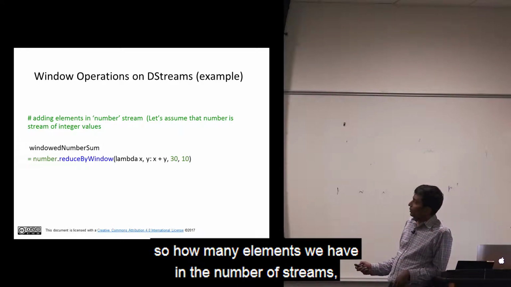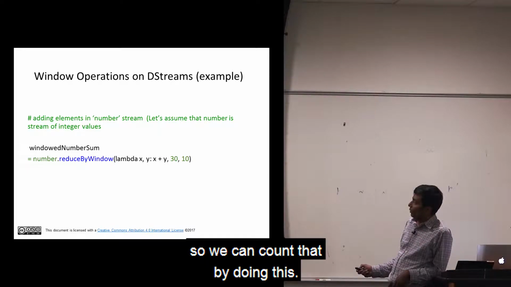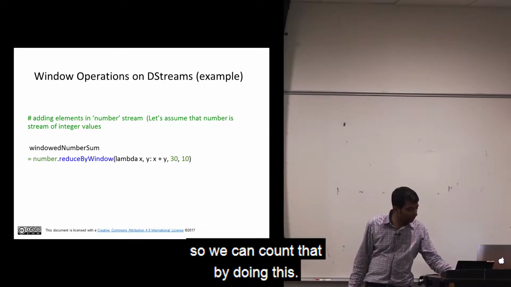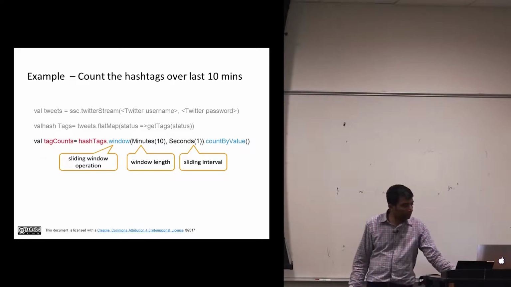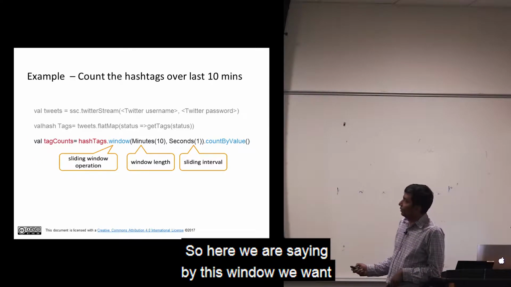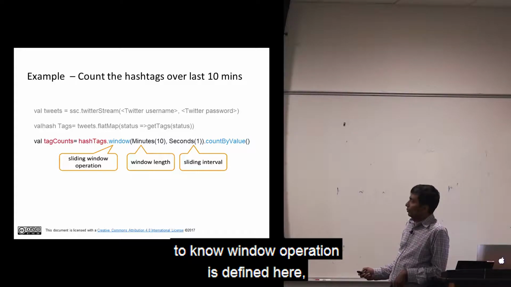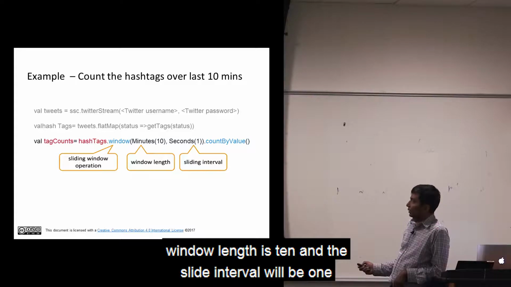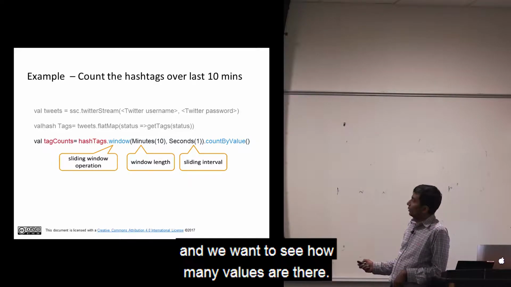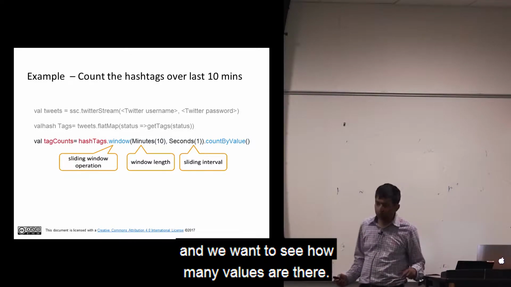So how many elements we have in the number stream, we can count that by doing this. So here by this window operation, defined here, the window length is 10 and the sliding interval will be 1, and we want to see how many values are there.